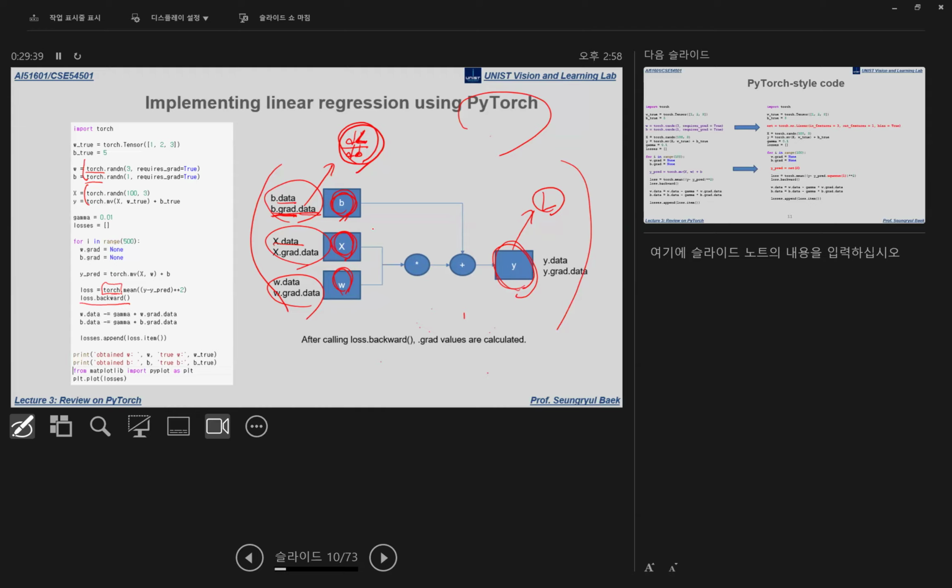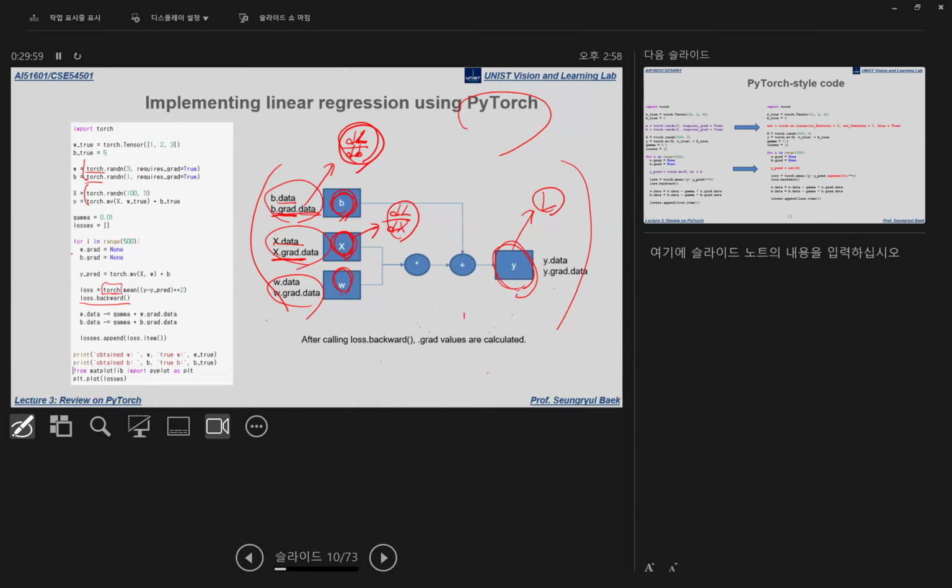And for example, x dot grad holds this type of gradient value. But at the initial status, they have some random value.